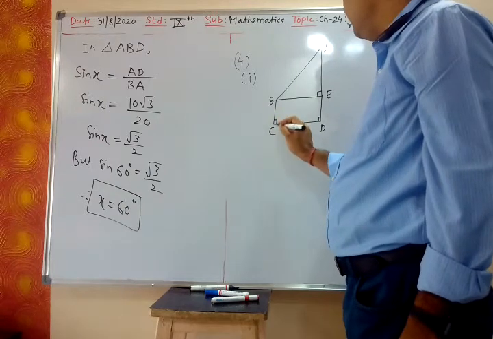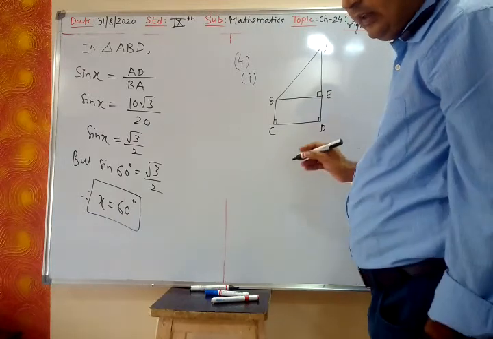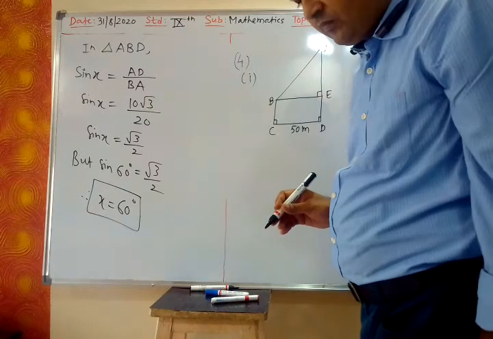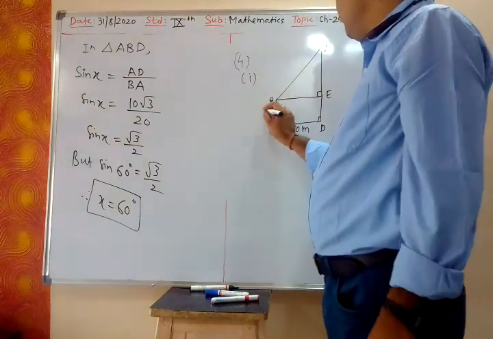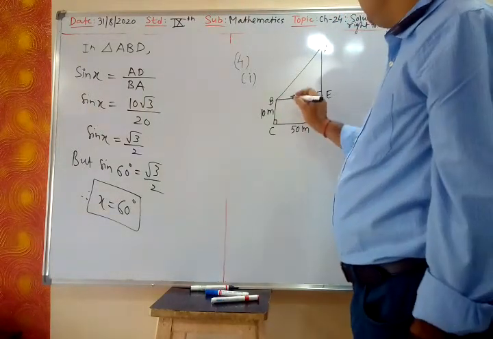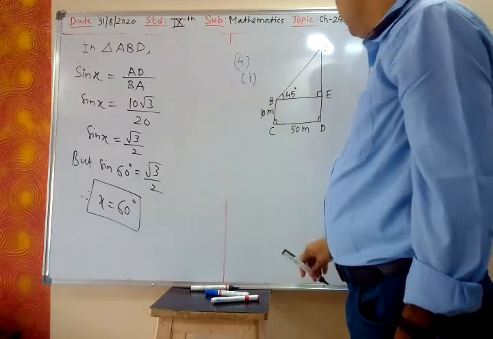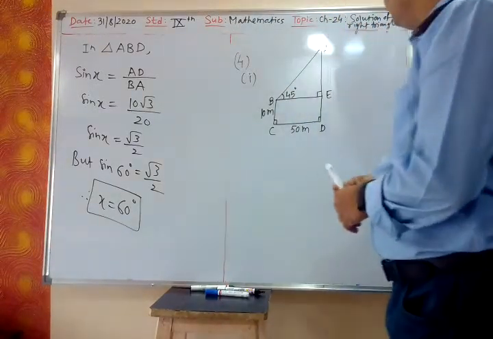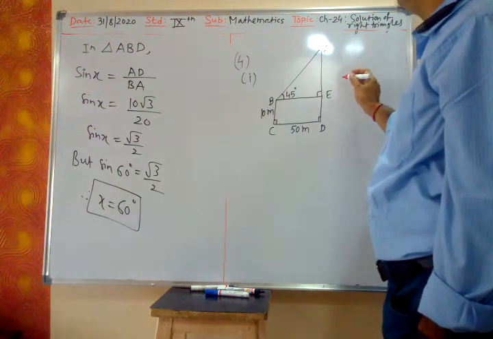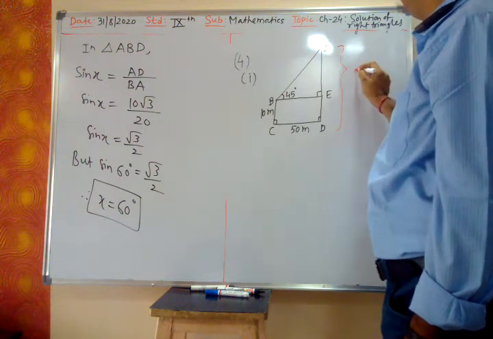Angle C is 90 degrees. Now CD is given 50 meter. BC is given 10 meter. This angle B is 45 degrees. Find the value of AD. Is it clear? This AD we have to find.